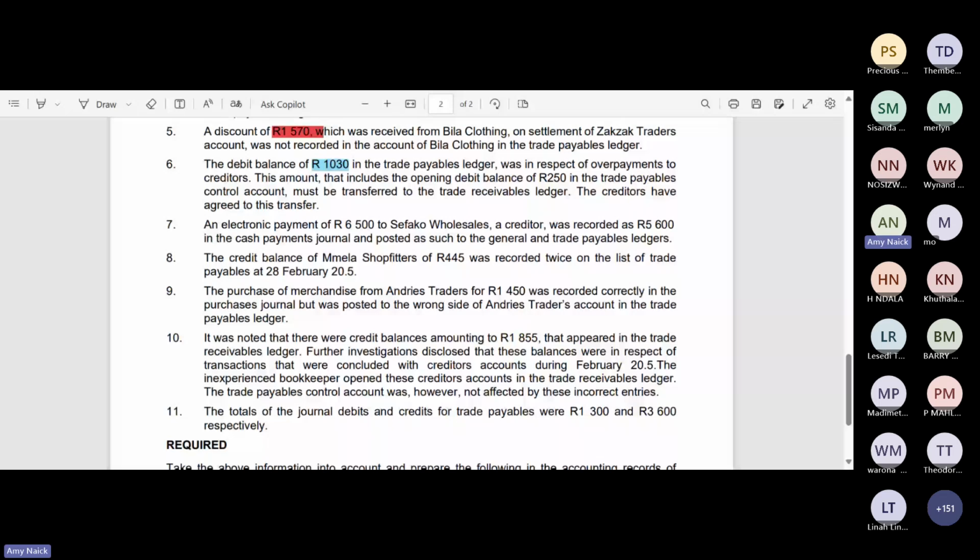This means the creditor now owes us money. We've paid him more than what we owe him. So the easiest way, if you're looking only at your trade payables account, is to increase his balance, because we've paid him too much. The note says this amount was included in the opening debit balance, which means we need to adjust the control account by crediting it to reverse out the overpayment and increasing the creditor.